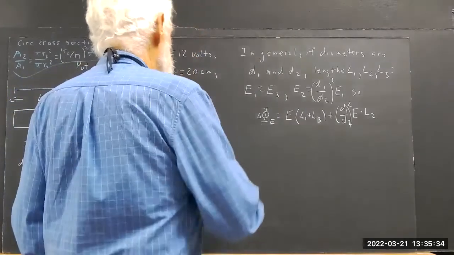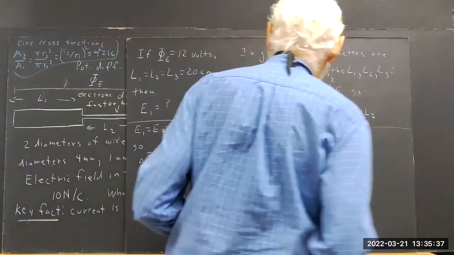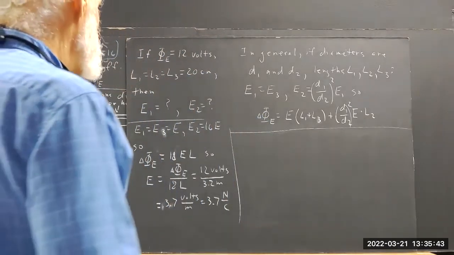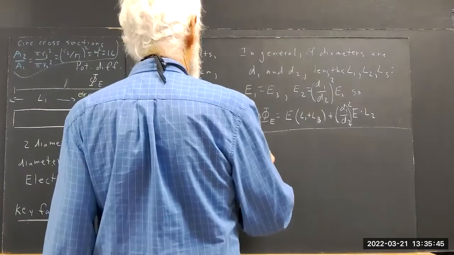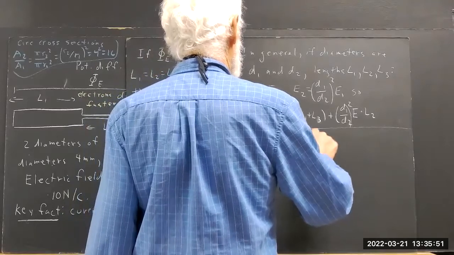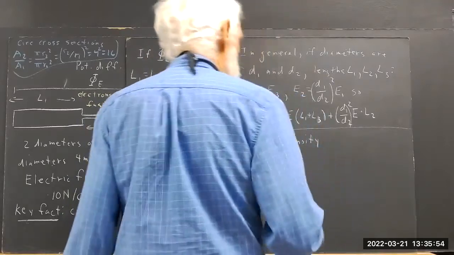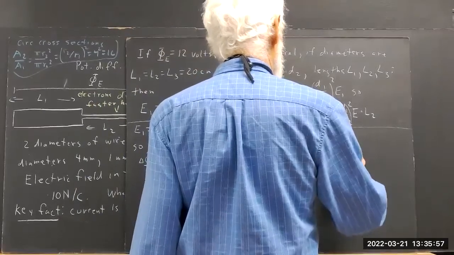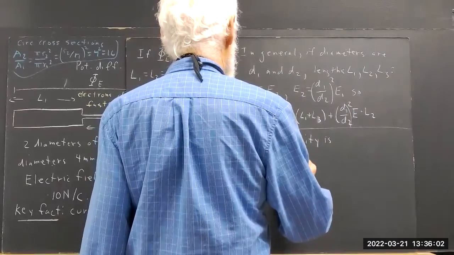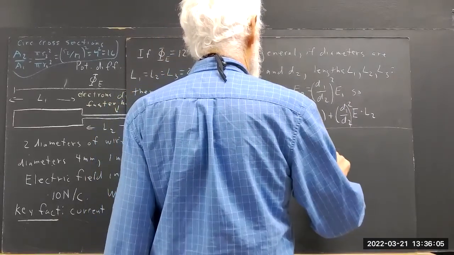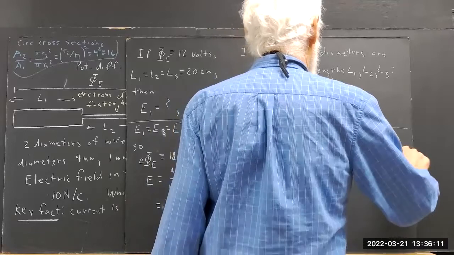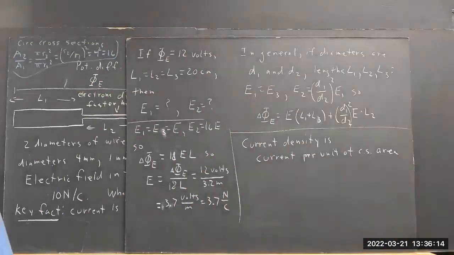So now, big concept: current density. Current density is current per unit of cross-sectional area.